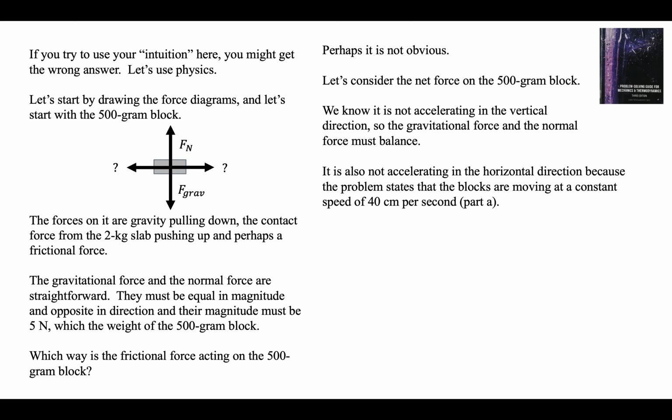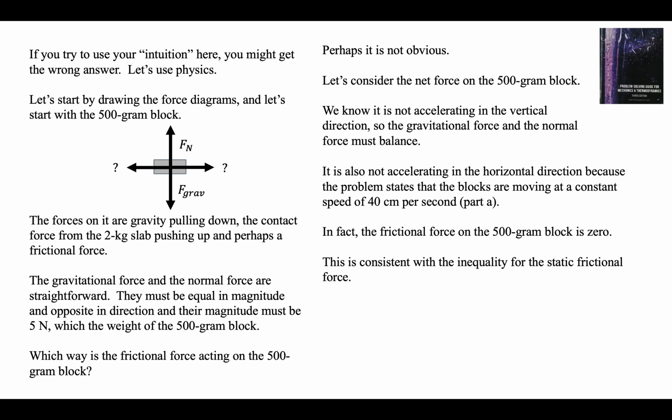The problem says, part A, constant speed of 40 centimeters per second. There can't be any frictional force on the 500 gram block. It's not accelerating. The force in the horizontal direction has to be 0. This is consistent with the inequality for the static frictional force.